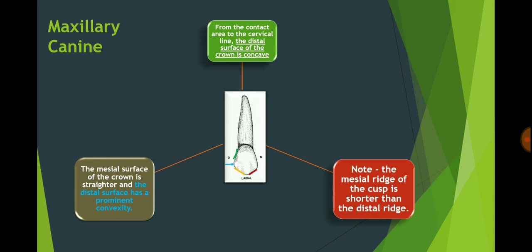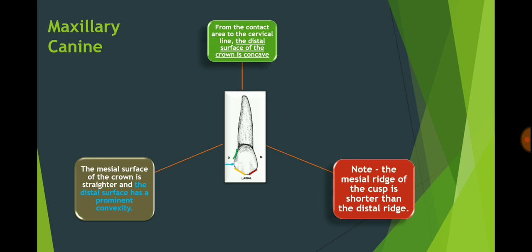From the contact area to the cervical line of the maxillary canine, the distal surface of the crown is concave, as you can see in the picture, and the mesial ridge of the cusp is shorter than the distal ridge of the cusp. Do you see that? The red line is very short compared to the orange line. Very important key there.